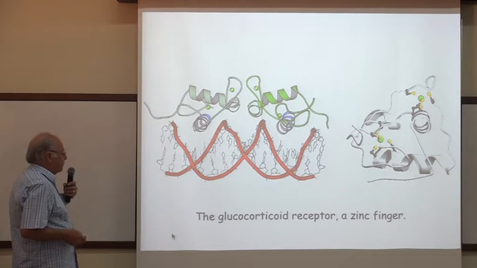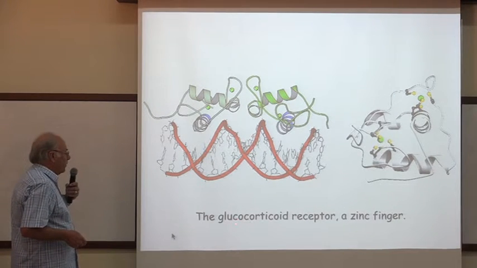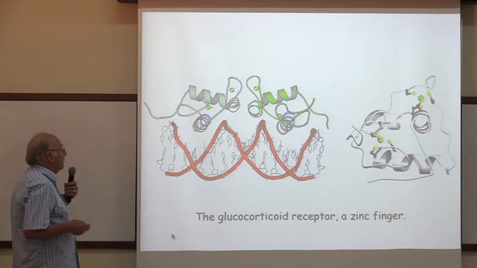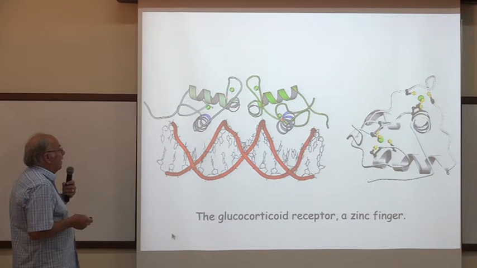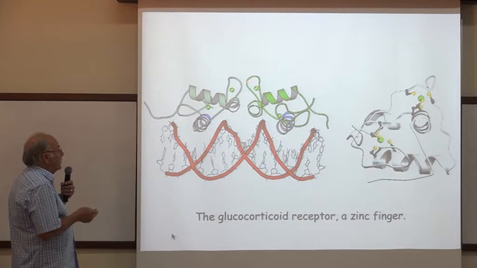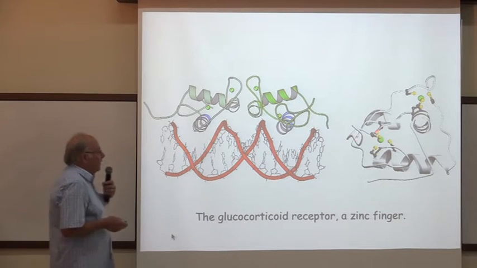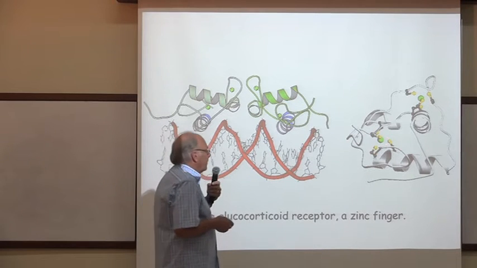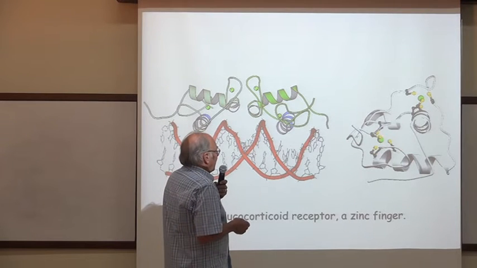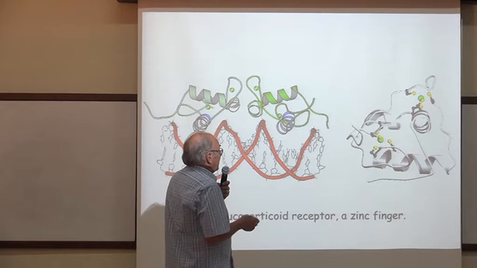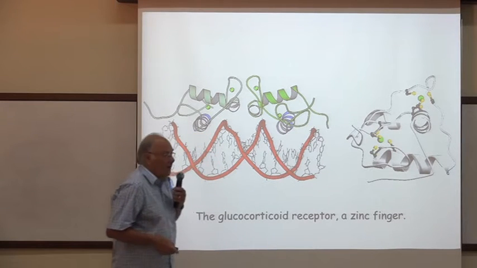And the glucocorticoid receptor is a zinc finger. Again, you see here, this is a dimeric protein, and you see 2 zincs in each of them. And this is a zinc finger with 4 cysteines binding to each of the zinc ions.